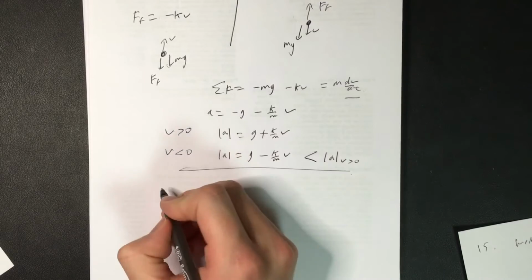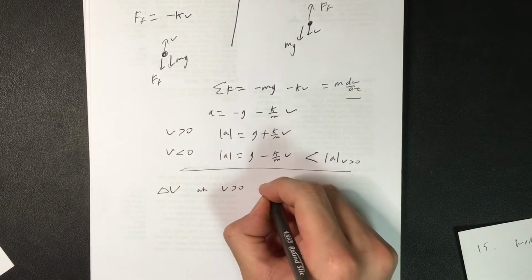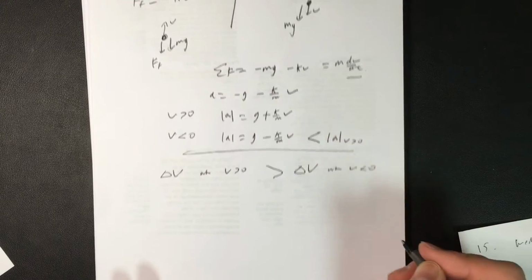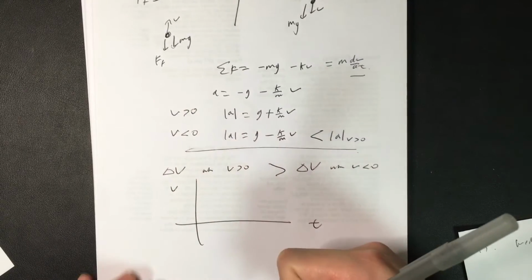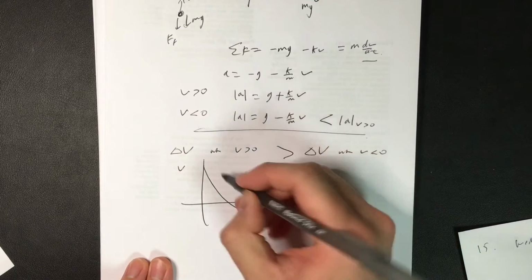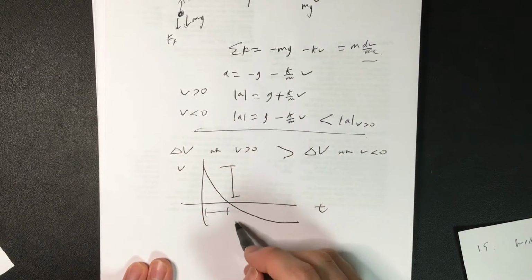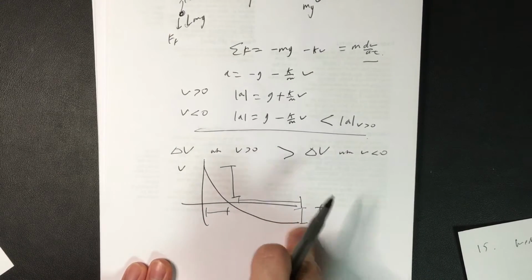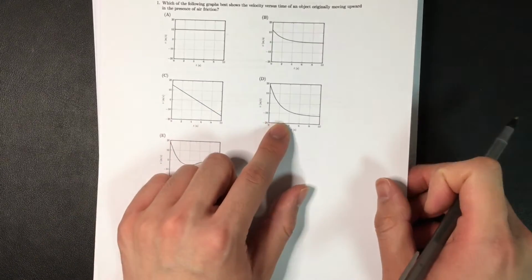Now, this means that the change in velocity when velocity is positive must be greater than the change in velocity when velocity is negative. So my guess of velocity versus time is going to look something like this, where the change in velocity is really rapid when the velocity is positive, while the change in velocity is very gradual when the velocity is negative. Looking at the answer choices, it looks like answer choice D fulfills our answer.